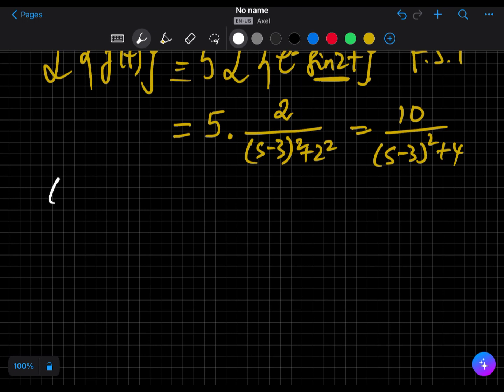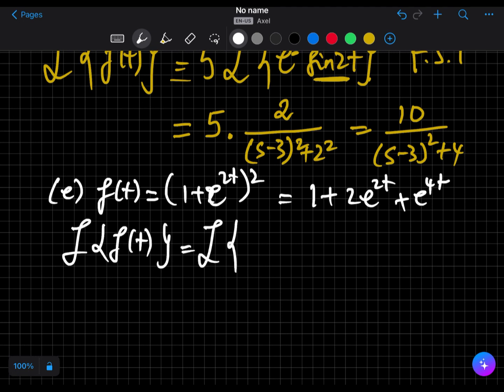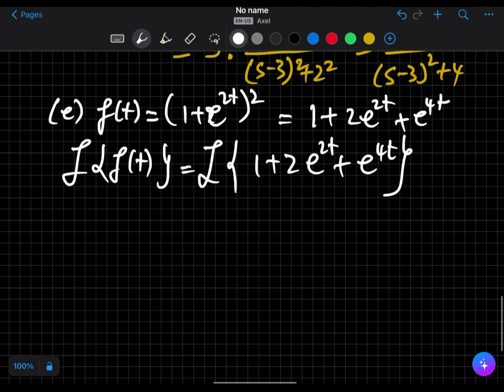And lastly, for case E, f of t is equal to 1 plus e to the power 2t, all squared. I can apply the distributive law, and I have 1 plus 2e to the power 2t plus e to the 4t. Then I can find the Laplace transform of f of t, which is the Laplace transform of 1 plus 2e to the 2t plus e to the 4t.